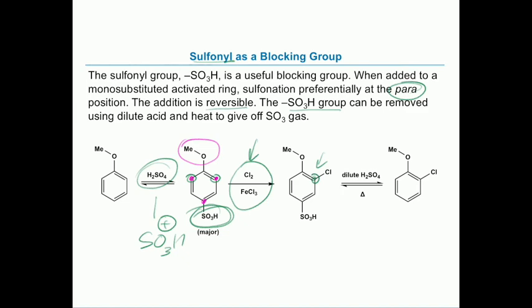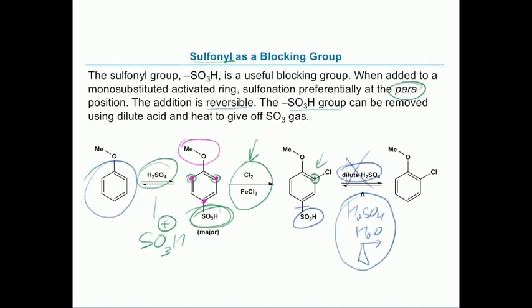Then to cut it off, all we need to do is use dilute sulfuric acid. So this is H2SO4 and water and some heat. That acidic solution with water and heat allows us to clip this by first protonating that group and then undergoing sort of a retro reaction. You don't need to know the mechanism of this one specifically, but it's effectively like a reverse version of this electrophilic aromatic substitution step.